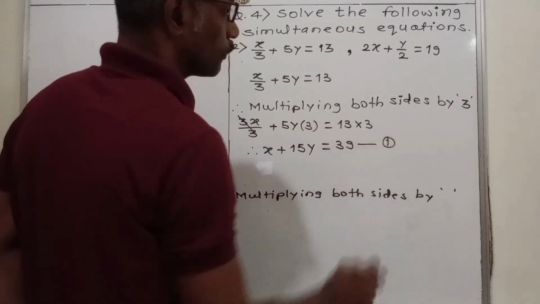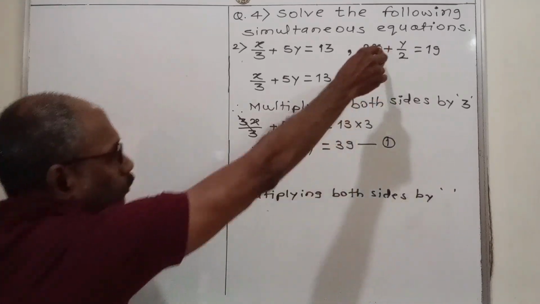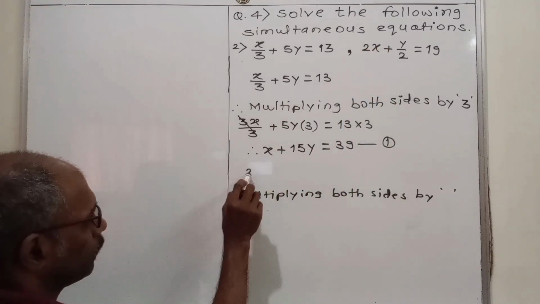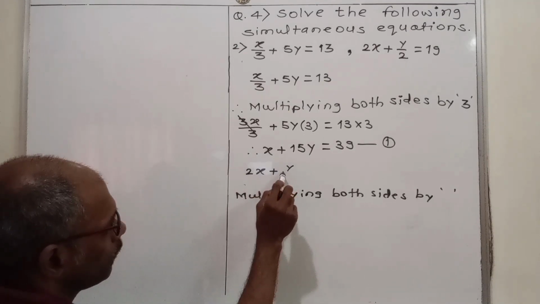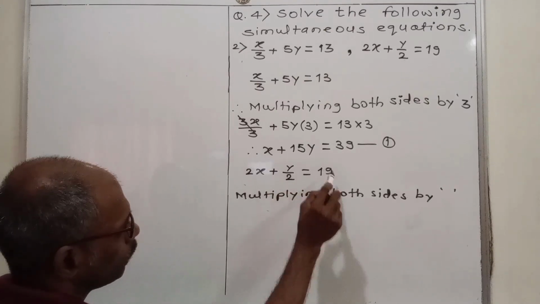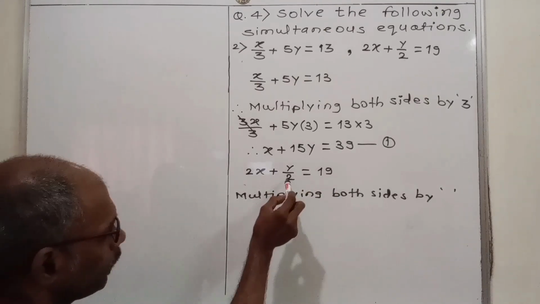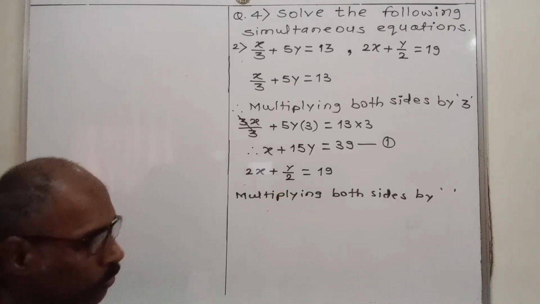This is our equation number 1. Did you get it? Now 2x plus y upon 2 is equal to 19. We want to eliminate denominator 2.